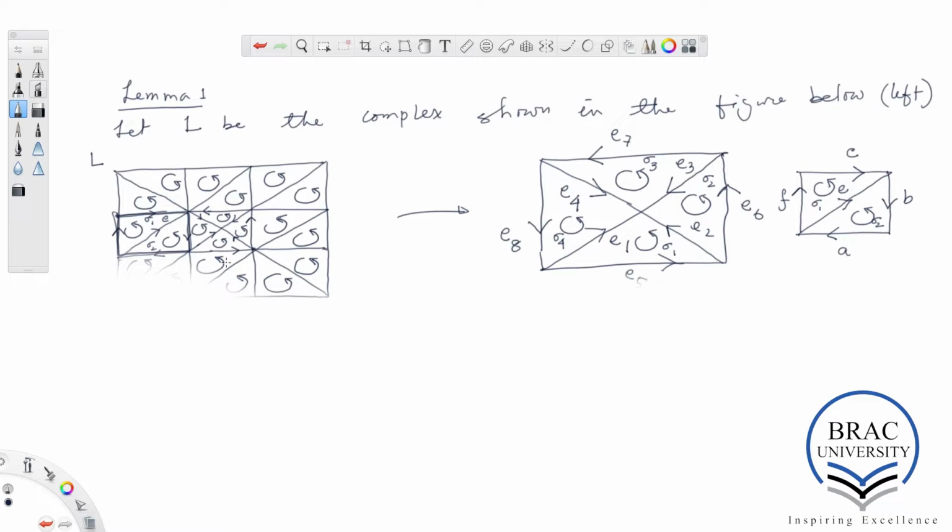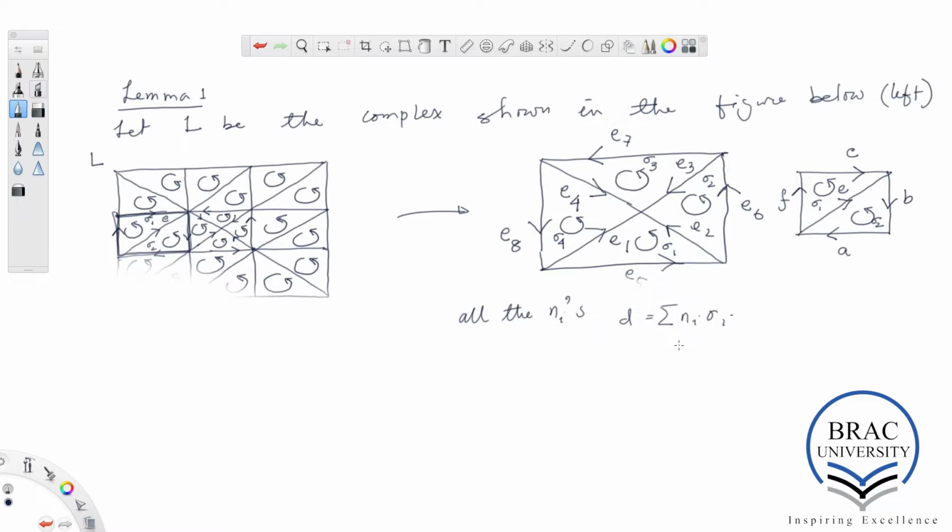In other words, all the ni's in the expression ni sigma i of this 2 chain D have to be the same.